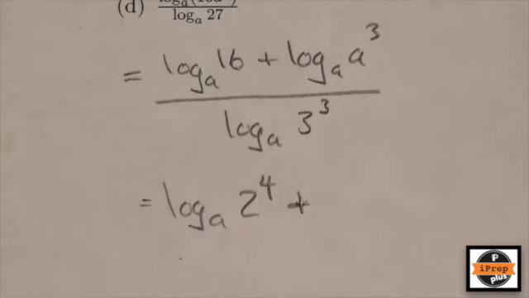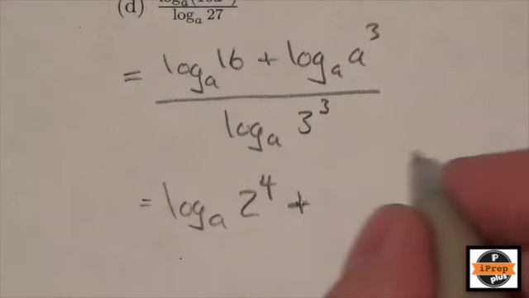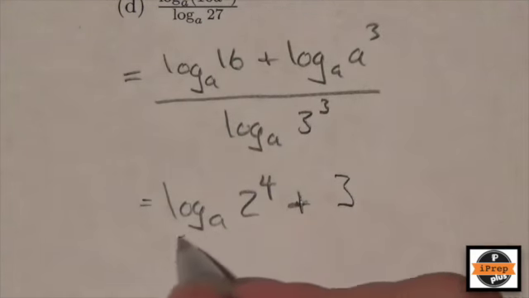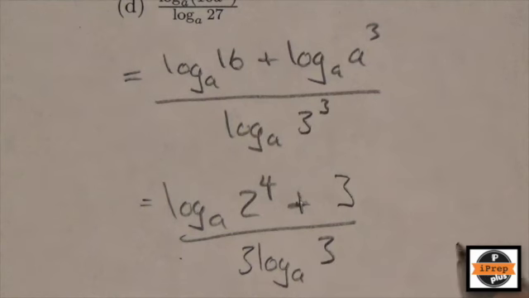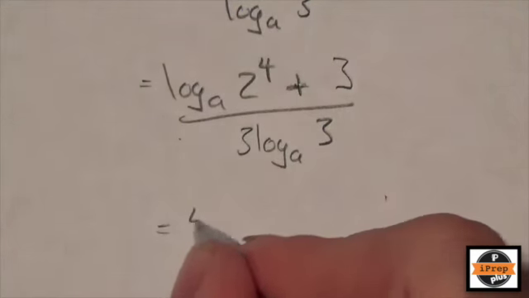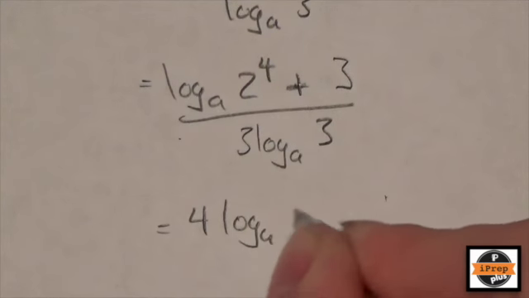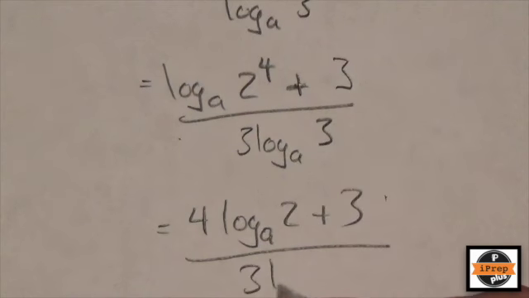Log base a of a cubed, because the bases of the log and the power here are the same, that's just going to become 3. All over, bring the 3 forward, so this will become 3 times the log base a of 3. And I really should have done the same thing up here earlier. This becomes 4 times the log base a of 2, plus 3 all over 3 log base a of 3.